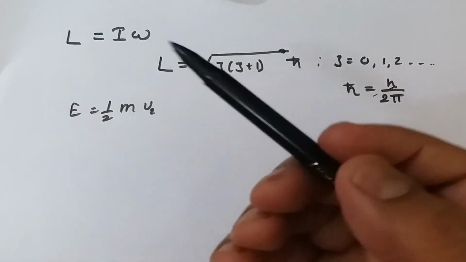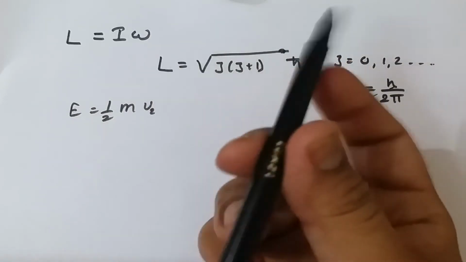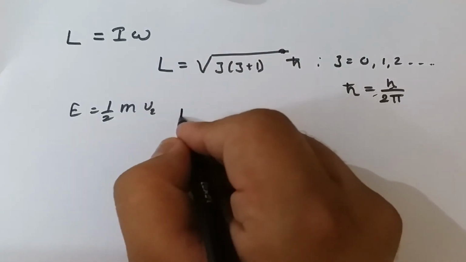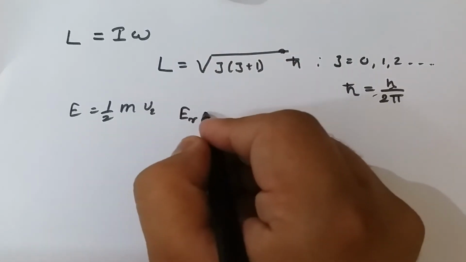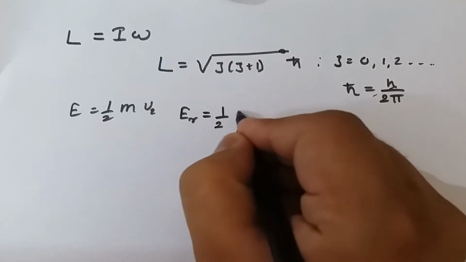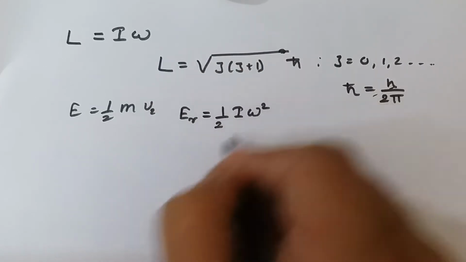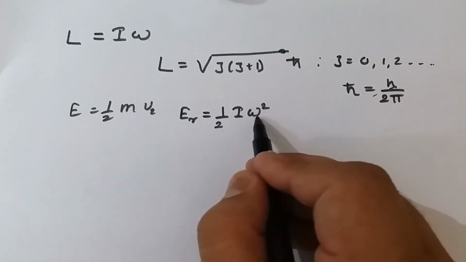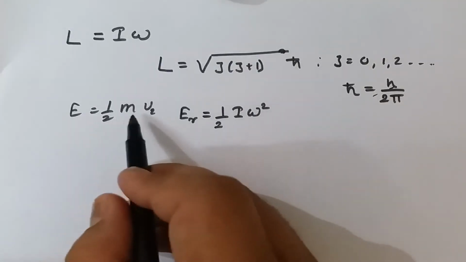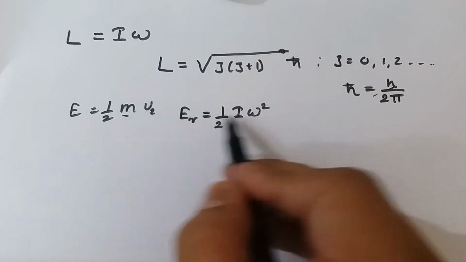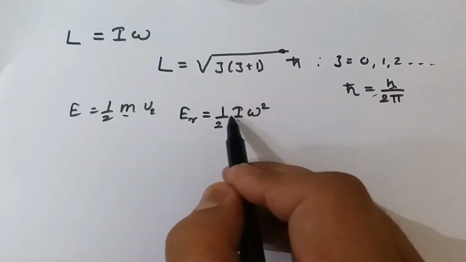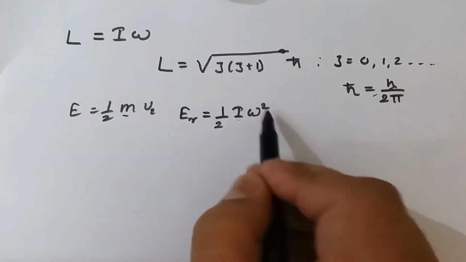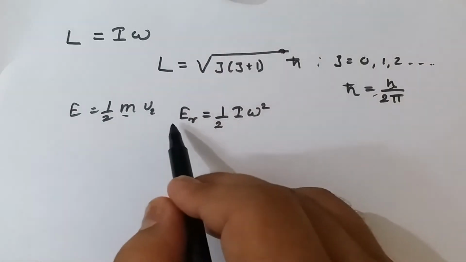Here the molecule is rotating in a circle, so the rotational energy ER will be equal to half I omega square, where I is the moment of inertia and omega is the angular velocity. Similarly, there it is mass and linear velocity, and here I consists of our reduced mass and omega is the angular velocity, which gives the value of rotational energy.